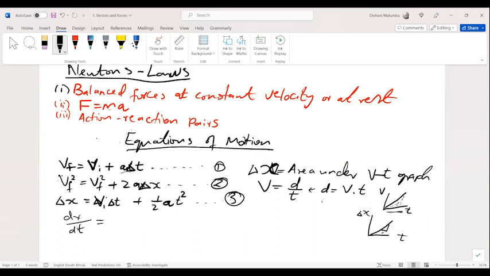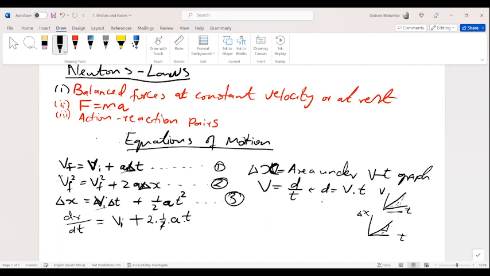We'll be left with vi, plus, that 2 will come down, so it will be 2 times 1/2 times acceleration times time.